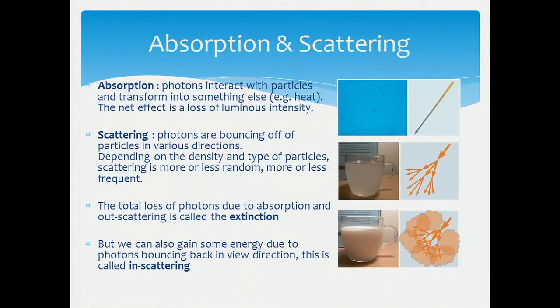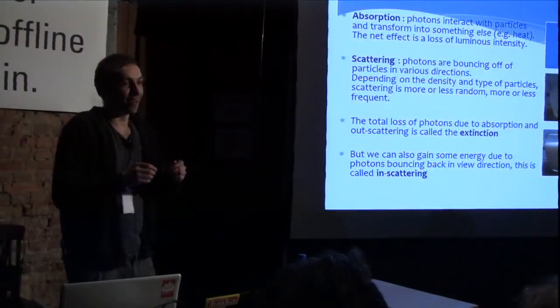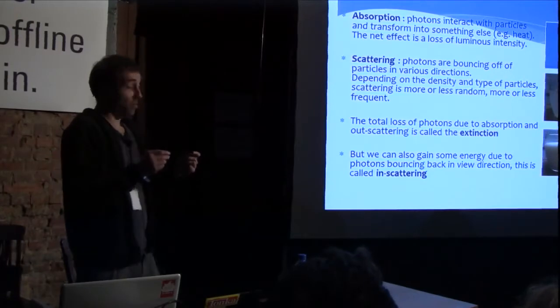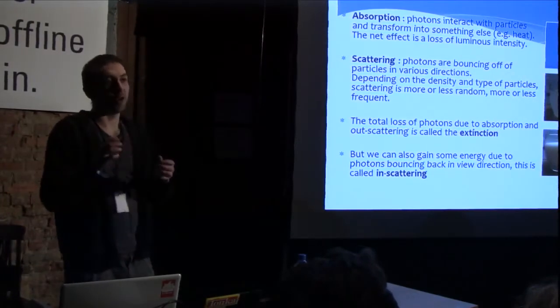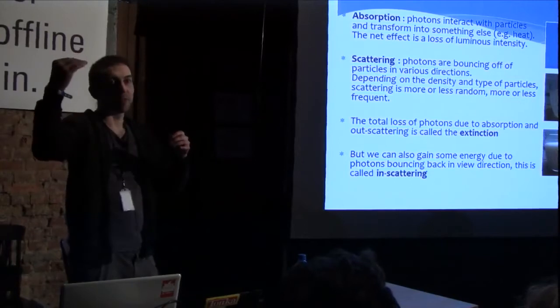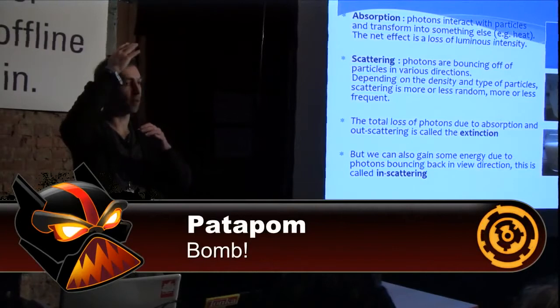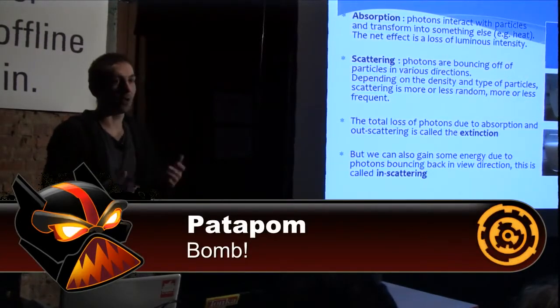What's going to happen to the photons that travel through the medium is really rather absorption by the medium or scattering. And scattering comes in two flavors, the good one and the bad one. I mean, the bad one is outscattering. That's going to diminish, we're going to have an energy loss due to photons that are initially coming in the view direction and bounce off of particles in another direction, so it's a loss of energy.